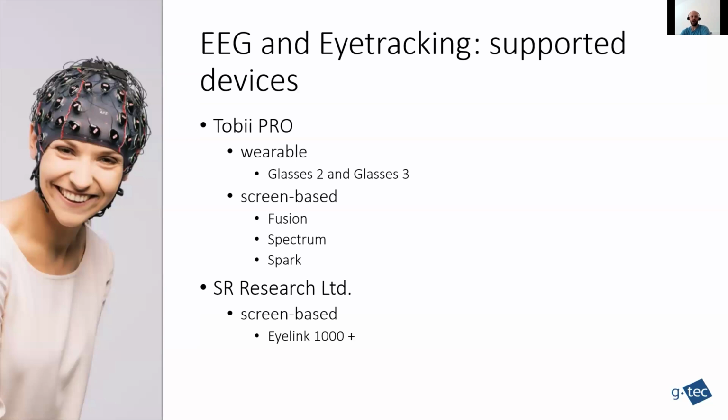For the wearable eye trackers, we support the Glasses 2 and the Glasses 3. For the screen-based, we support the Fusion, the Spectrum, and the Spark. For SR Research, we only support the screen-based eye tracker, which in this case is the EyeLink 1000 Plus.